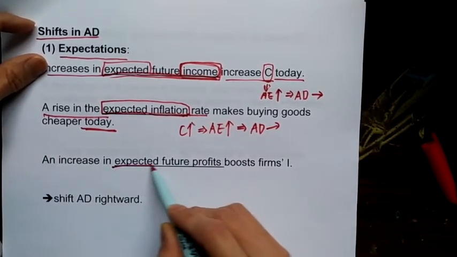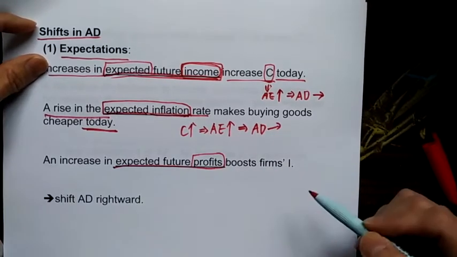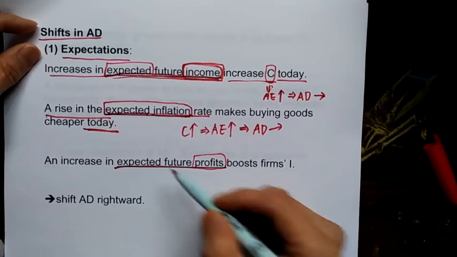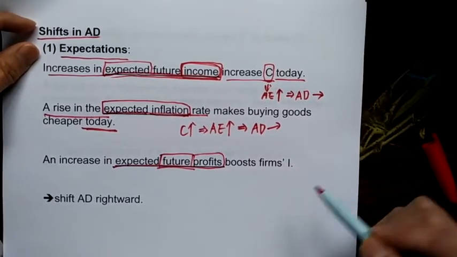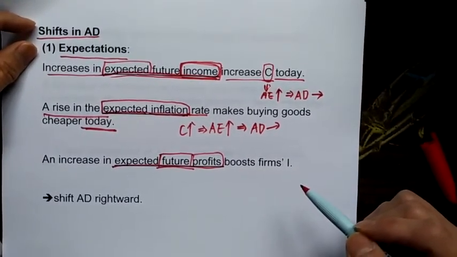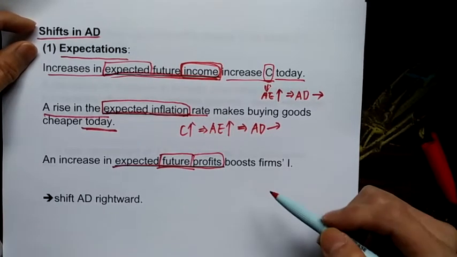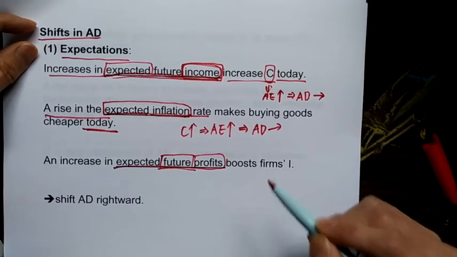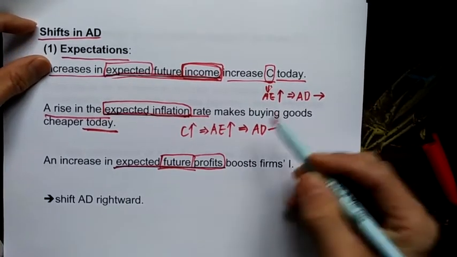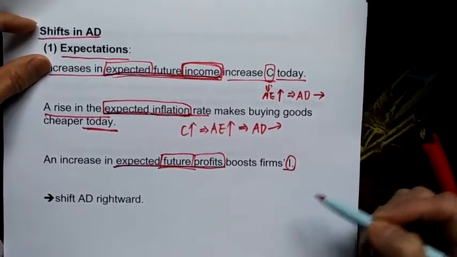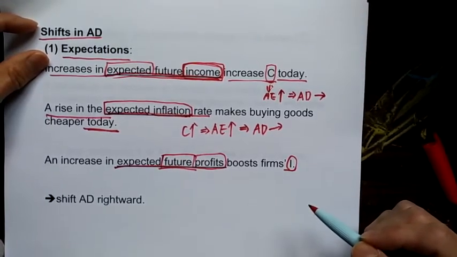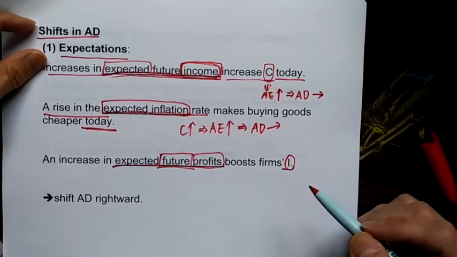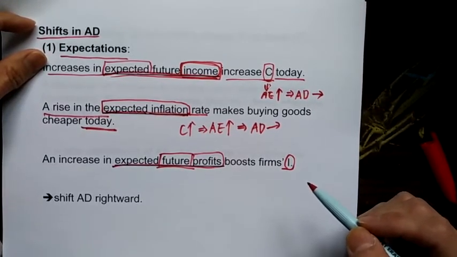If Ford expects that they are going to get more profit by selling their cars in the future, what should they do now? The answer is they should build more cars now. That is, they are going to invest more money. They are going to buy metals, tires, and hire more people.